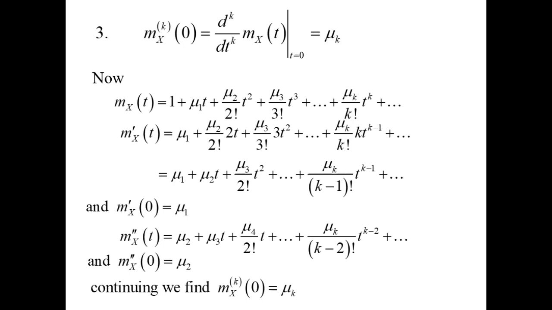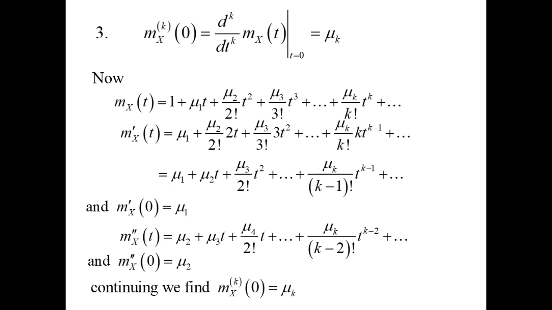Take the first derivative with respect to t and put t is equal to 0. The answer is mu1. Again differentiate with respect to t, that is the second derivative, M_X double dash(t), and when you put t is equal to 0 it is mu2.